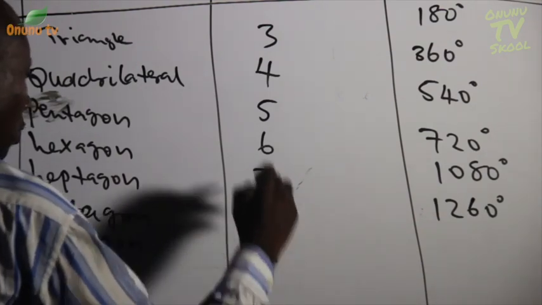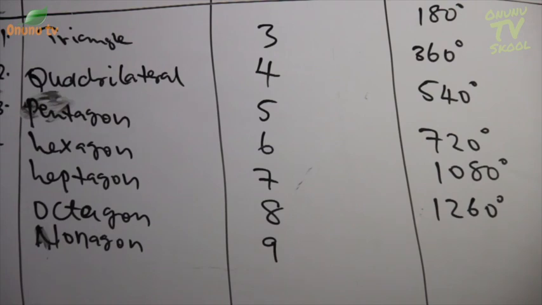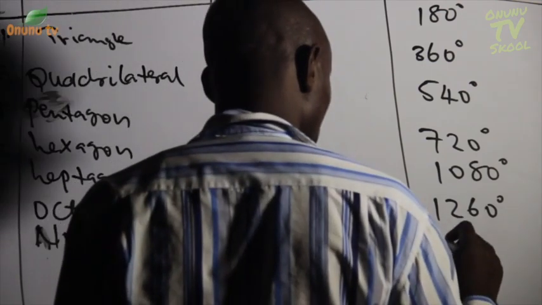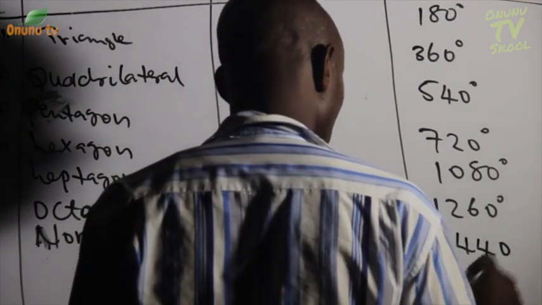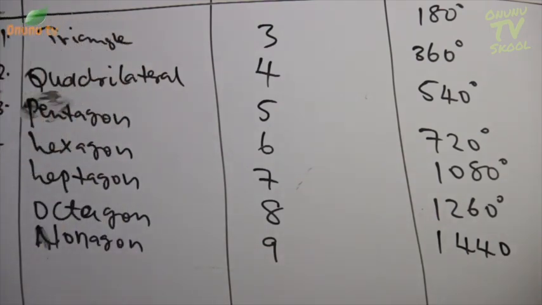Number of sides is 9. Sum angle of a nonagon is 1260 degrees. The last one we are going to stop at is number 8, called decagon.